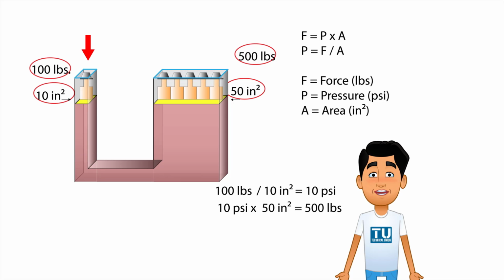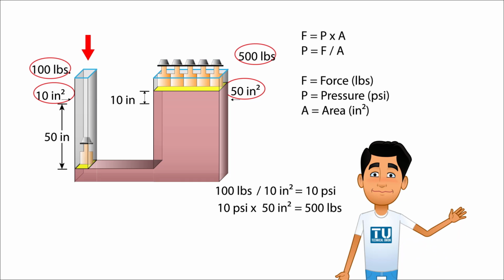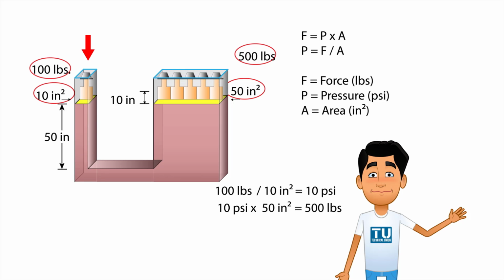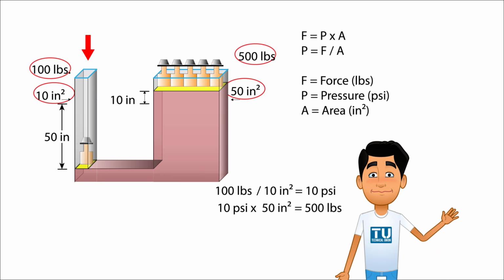However, we are only able to move the 500 pounds 1/5 of the distance in relation to the movement of the 100 pounds weight. If we push the 100 pounds weight 50 inches down, it will only move the 500 pounds weight 10 inches up.